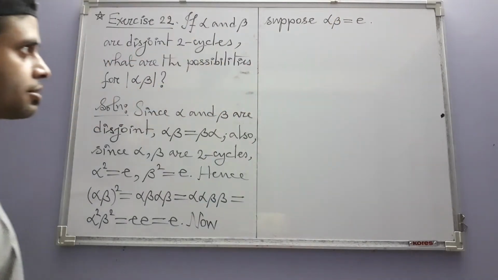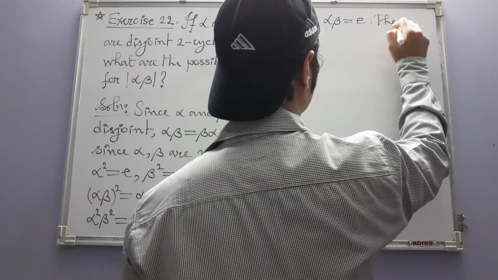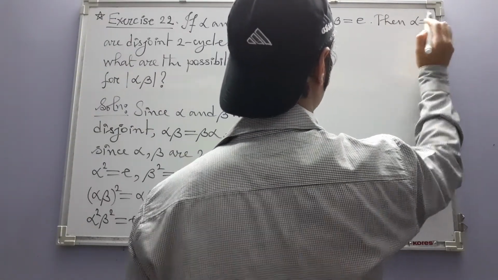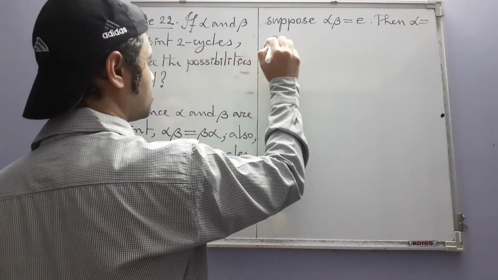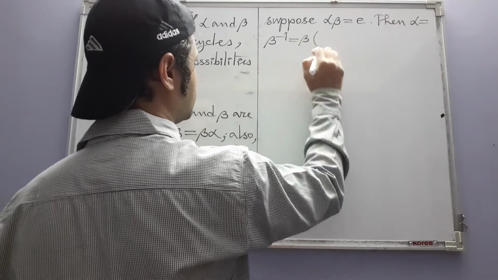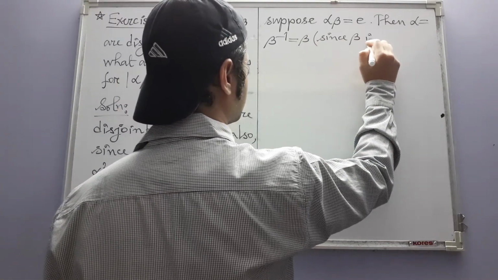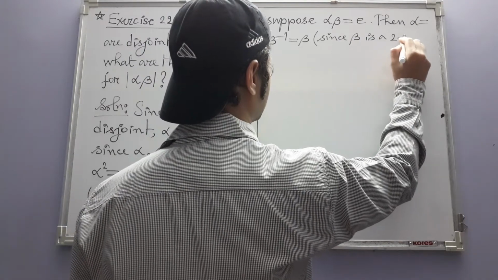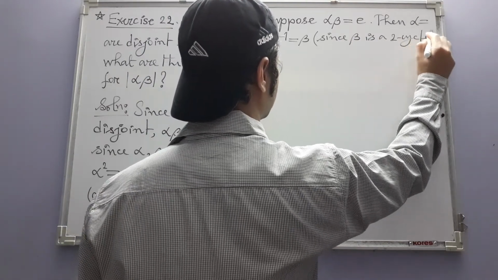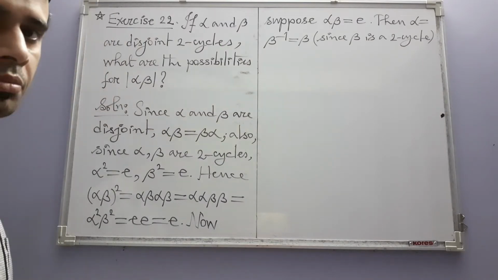alpha beta is identity, then alpha is equal to beta inverse, which is equal to beta, since beta is a 2 cycle. We know that the inverse of a 2 cycle is the cycle itself.